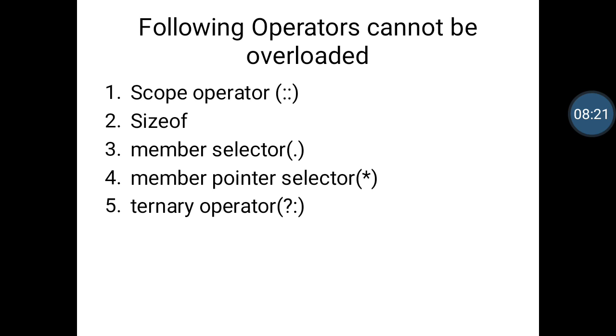Already asterisk is overloaded because we use it for multiplication, for declaration of a pointer, and for accessing the values stored at pointers. The next is the ternary operator, that is the conditional operator. Again I'll repeat, we cannot overload these 5 operators: sizeof operator, scope resolution operator, member selector operator, member pointer selector operator, and the ternary operator.